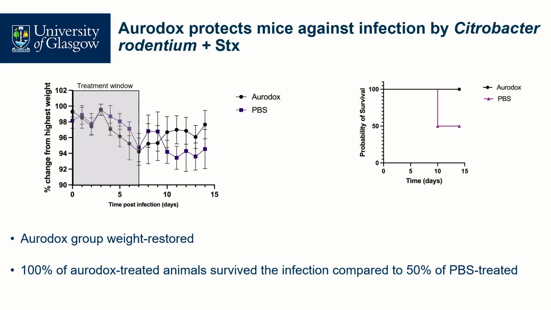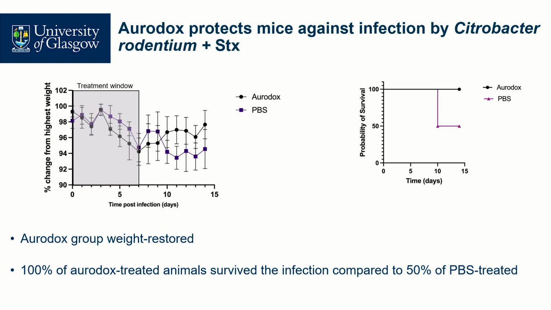And so we dosed our mice with a Citrobacter producing Shiga toxin, and we started to treat with Orodox 8 hours later, and they got 1 dose per day. And over the first 7 days, all the animals, even in the PBS control group, lost weight. That's just probably the stress of the oral gavage on the mice.